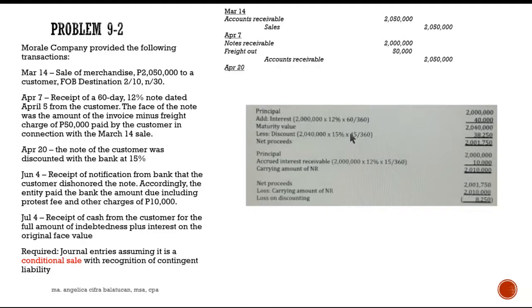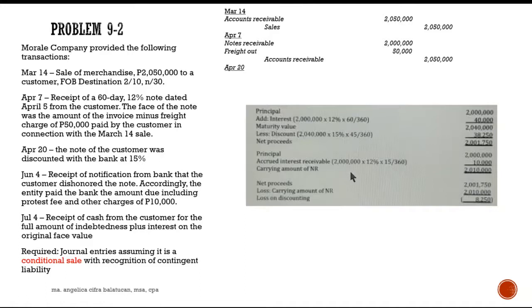So how many days are unexpired? So first we get the total duration of the note, 60 days, and we will deduct the days that have lapsed or expired. So from April 5, that's the date of the note, until April 20, that's 15 days. So 60 minus 15 days is 45 days.